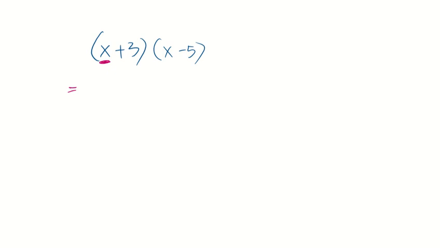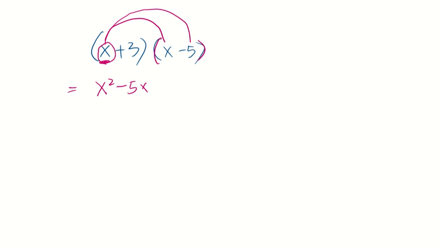So I will distribute x first to every term in the second binomial. Distribute x to x, I'll get x times x, x squared. Distribute x to negative 5, I have negative 5x. So I'm done distributing the first x in the first binomial.